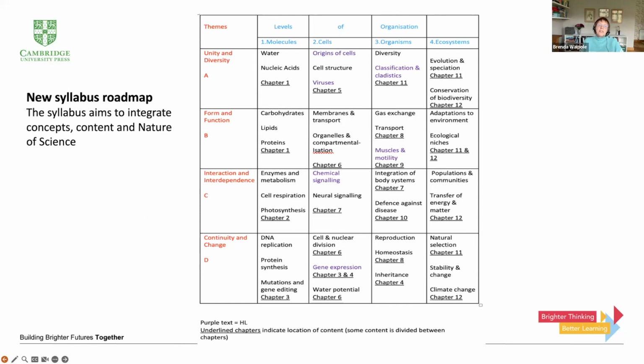So we can consider each theme either at the molecular level, the cellular level, the level of the whole organism, or at the ecosystem level. If you're able to see, the topics which are in purple are higher level only. So there are certain aspects which are not for standard level students.